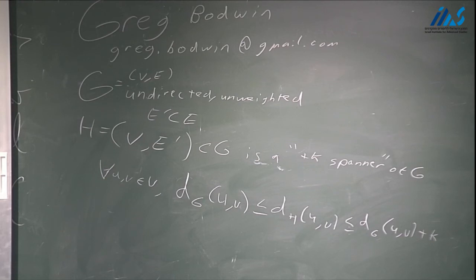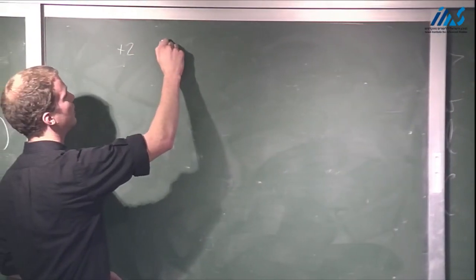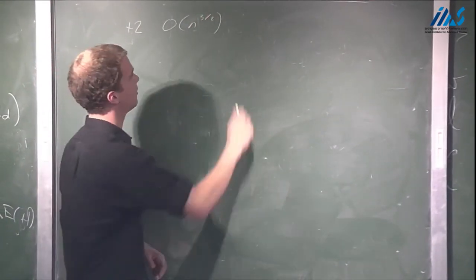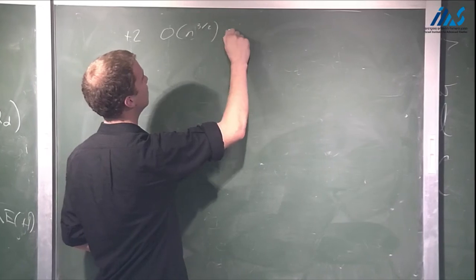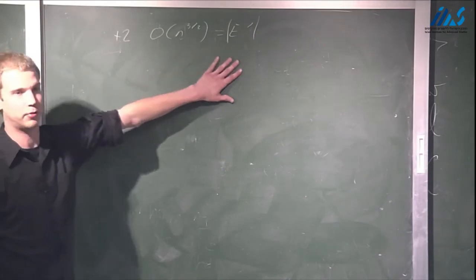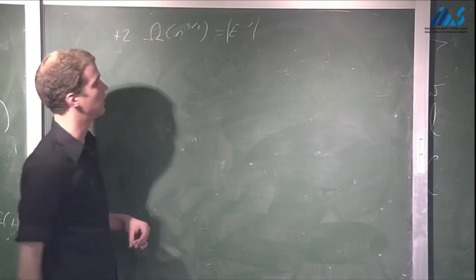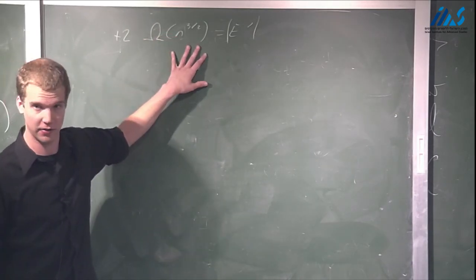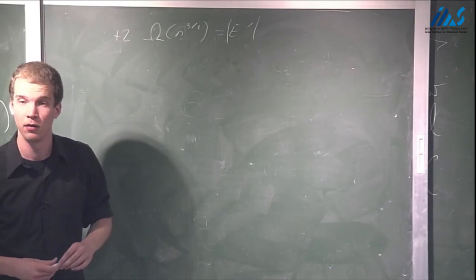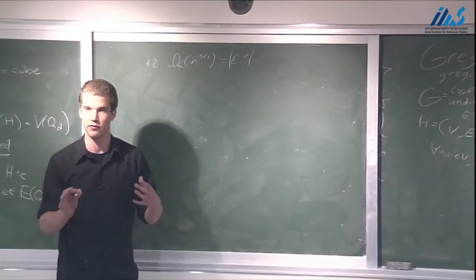So what do we know? If we want K to be 2, then this can be done with O of n to the 3/2 edges. We can make this claim if we're willing to let E prime get up to exactly n to the 3/2 edges, then we can guarantee a plus 2 spanner given this edge bound. n is the number of vertices of both G and H; they're on the same vertex set.